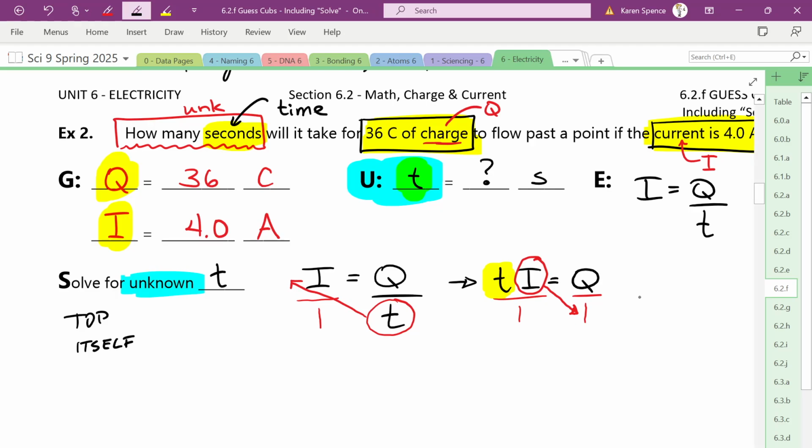And what that means is that we now have T, then on the other side, we have Q on the top, and I has moved down to the bottom. So we have T is equal to Q over I.